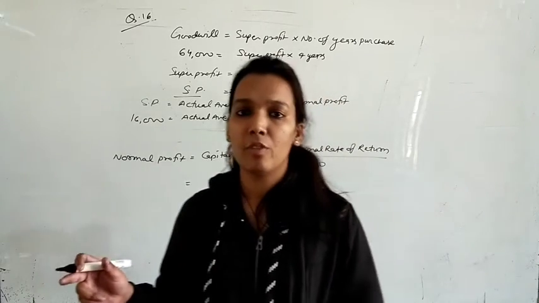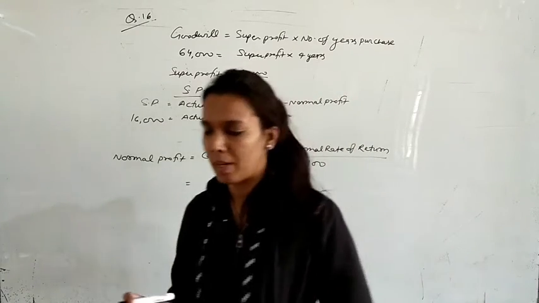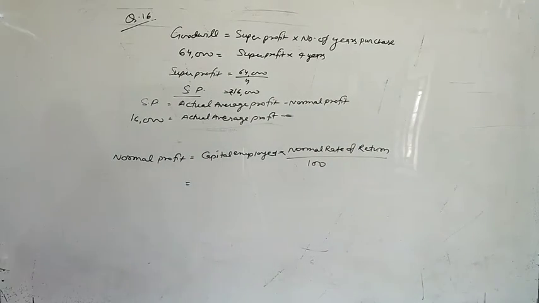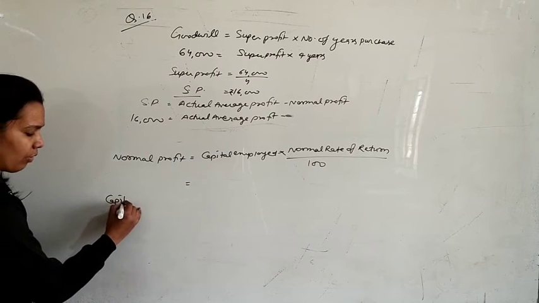Okay. And we have information regarding liability side also in this, like general reserve are there, partners capital account is there. So general reserve is of rupees 90,000 and partners capital accounts are of rupees 3 lakh 80,000. If we add in these two items, then also we will get the same amount, that is 4 lakh 70,000. So it's up to you that by which method you want to find in this.